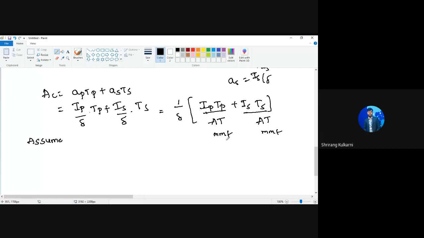MMF linked with the primary and MMF linked with the secondary, both are equal. Like this we have to assume. So what happens now?